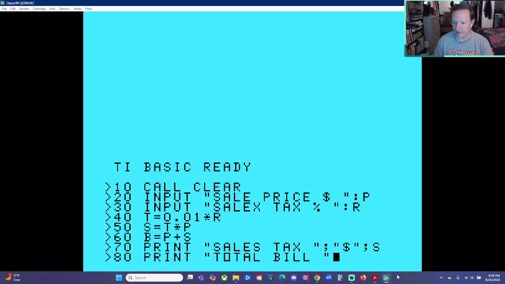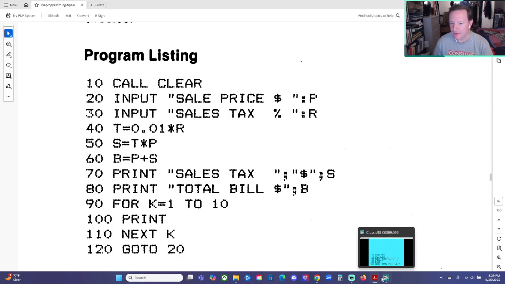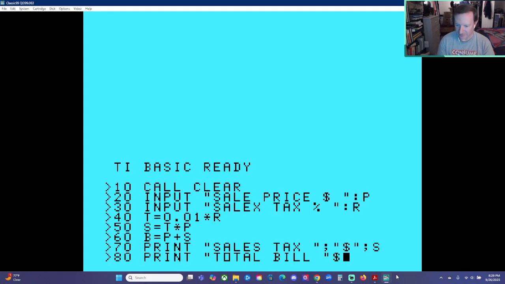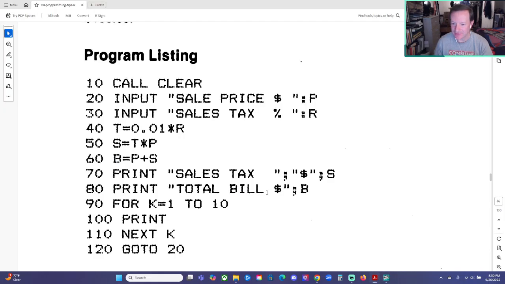Okay, so here we've got a $. Again, it's kind of a little inconsistent about whether the $ sign is going, oh, actually, see what I did, $, quote, whether the $ sign is going inside the quotes or outside the quotes.